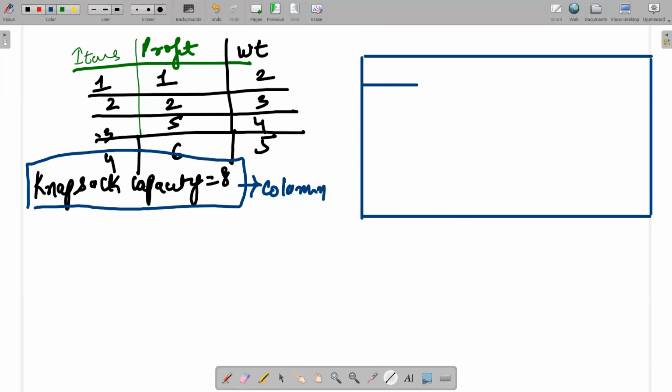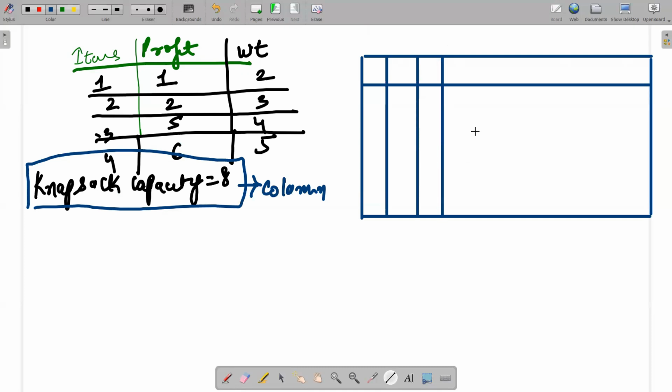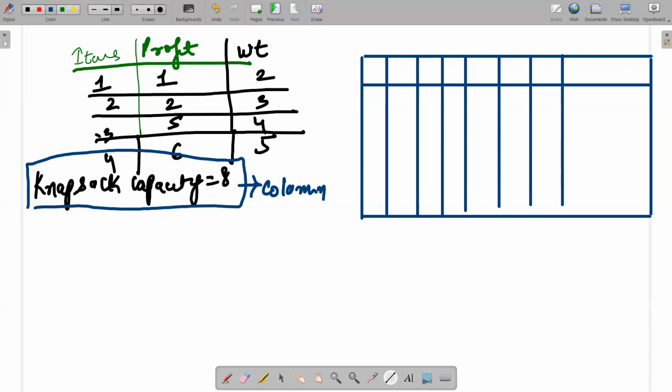We will have all the values starting from 0, 1, 2, 3, 4, 5, 6, let's say 7 and 8.